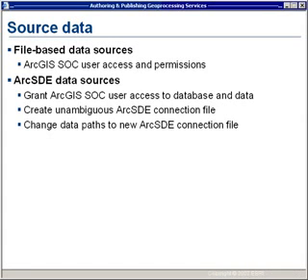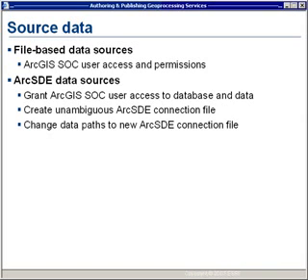If you're going to use a file-based data source, you need to make sure that the ArcGIS SOC user has access and permissions to that data. Remember, geoprocessing services run as the ArcGIS SOC user. If you're using an ArcSDE data source, you also need to make sure that the ArcGIS SOC user has access to the database and to the data within that database.